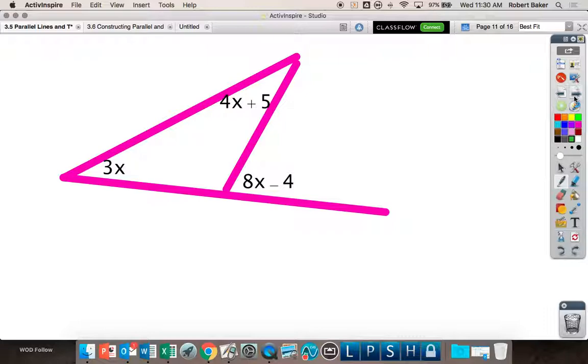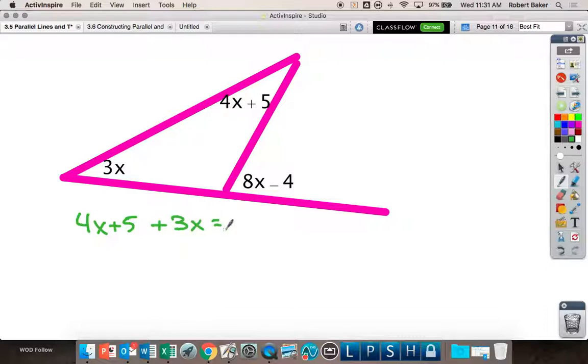What does the exterior angle sum theorem state? For each exterior angle of the triangle, the two interior angles that are not next to it are its remote interior angles. So what are the two remote interior angles? 4x plus 5 and 3x.